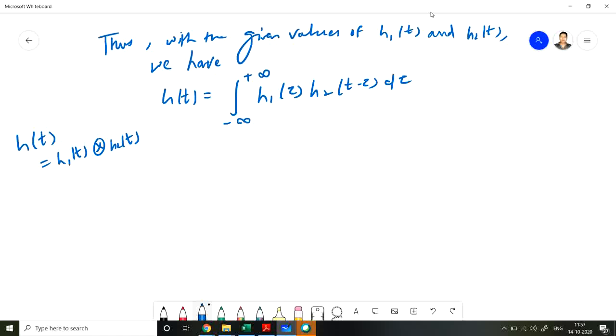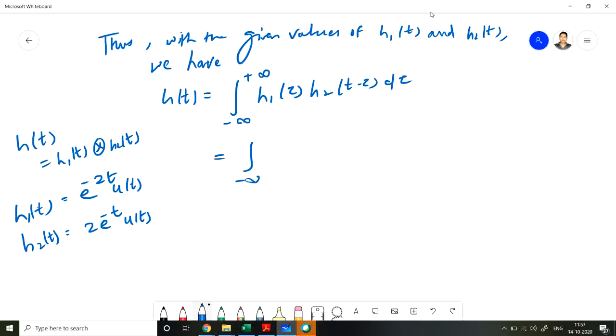So what is h1(t)? h1(t) is nothing but e raised to the power minus 2t into u(t), and what is h2(t)? It is equal to 2 e raised to the power minus t into u(t). Now we are just changing that scale, taking tau instead of t.